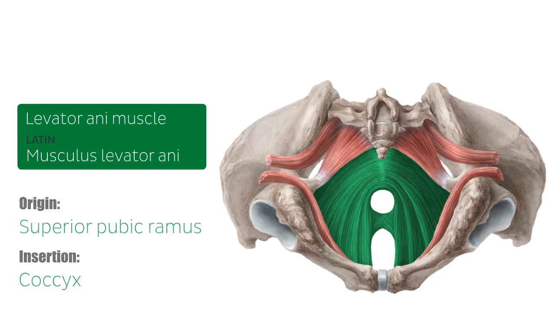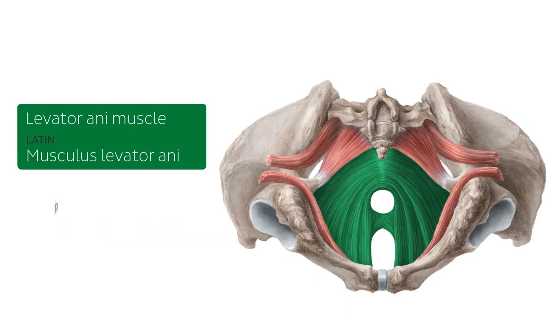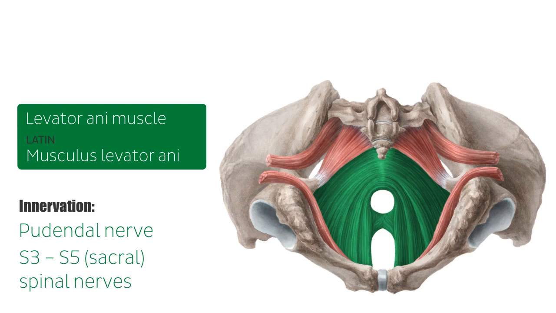The innervation of the levator ani muscle is derived from the pudendal nerve and its branches, as well as S3 to S5 sacral spinal nerves. This muscle relaxes at the beginning of urination and also defecation, and for that reason, the levator ani muscle plays a very important role in preservation of urinary and bowel continence.